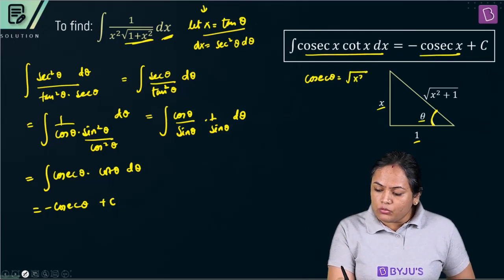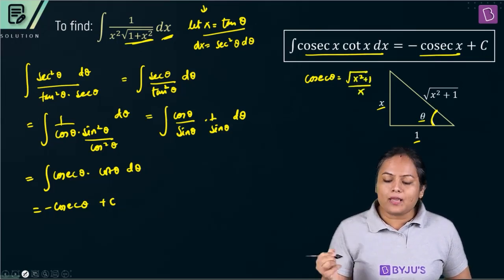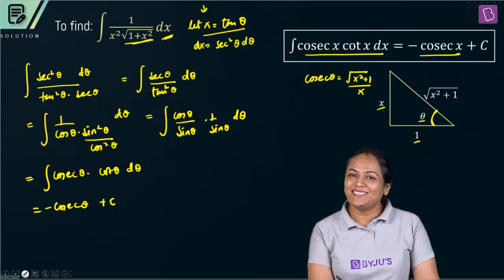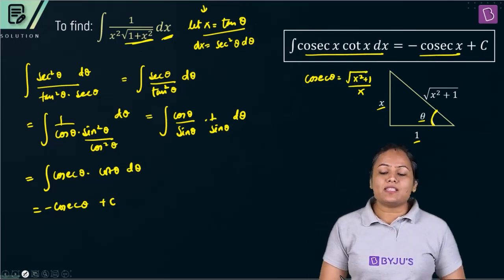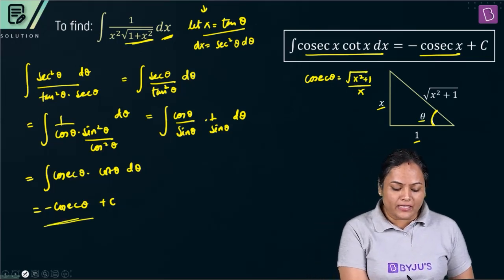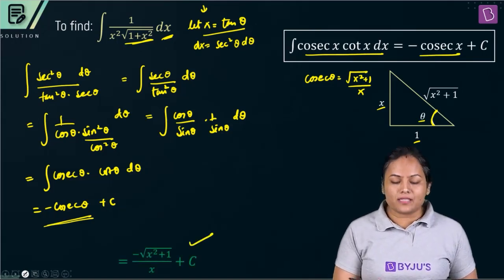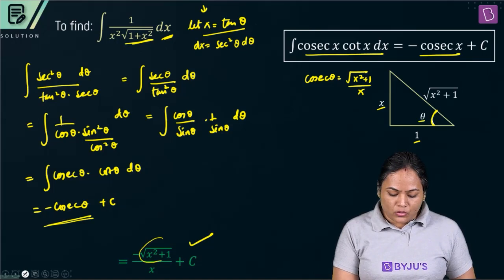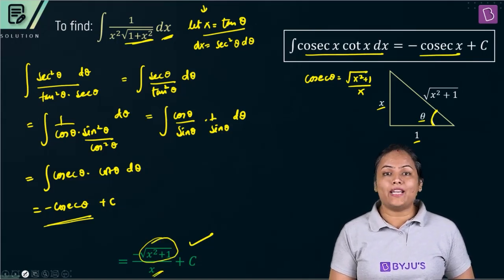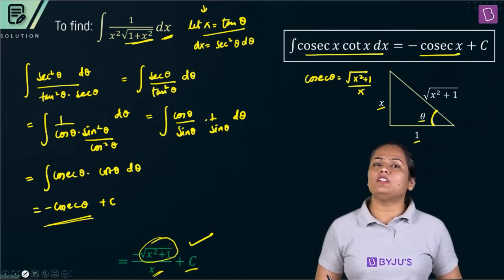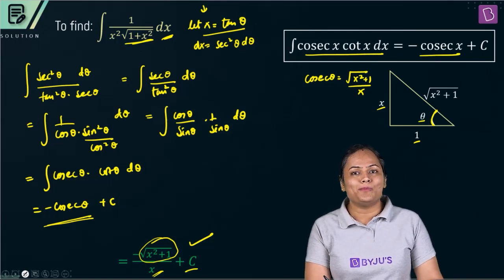So it will be root over x square plus 1 by x, right? And now if I substitute this cosec theta in the integral, I'm going to get the final answer as minus root over x square plus 1 divided by x plus some integration constant.